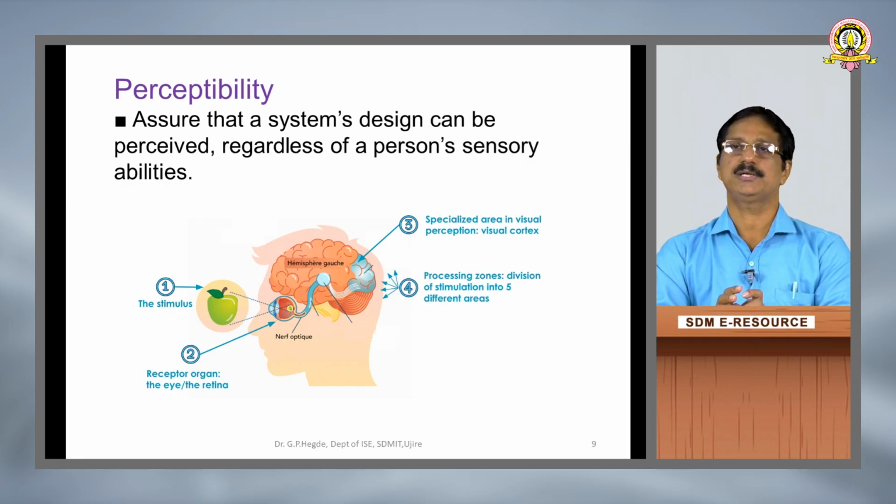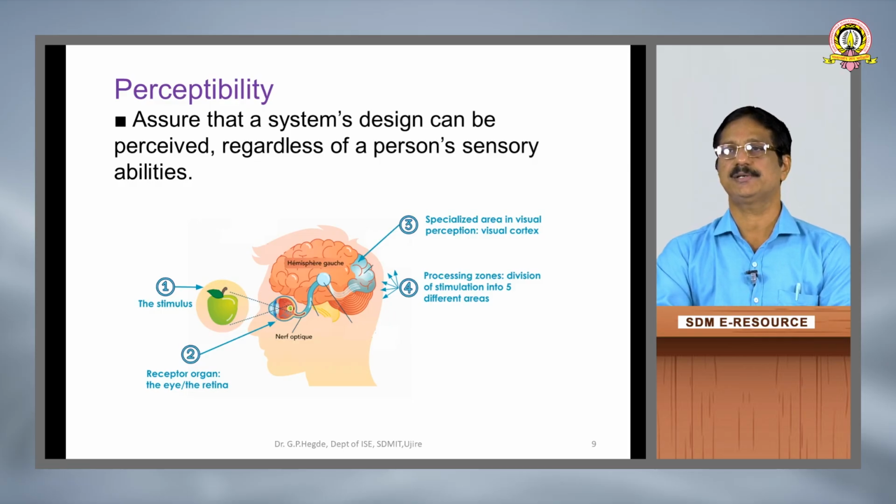Perceptibility, as we know, assures that a system's design can be perceived regardless of a person's sensory abilities. First, stimuli may come by seeing an object, and the stimuli goes to the brain. Second, a receptor organ, the eye, will catch and collect that, then it will go to the nerve systems and come to the specialized area for visual perception. Then the visual cortex is there.